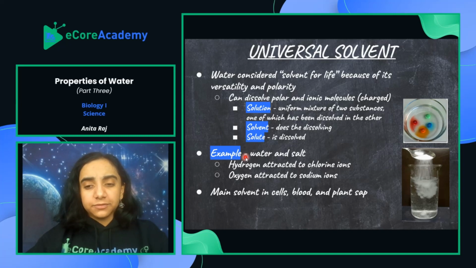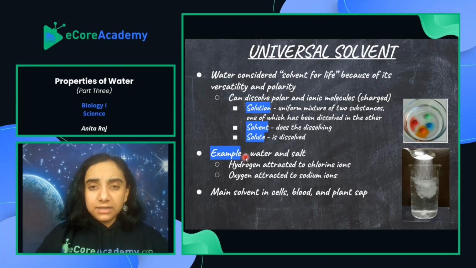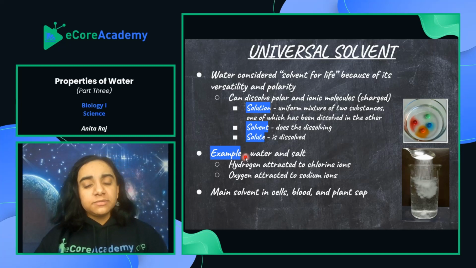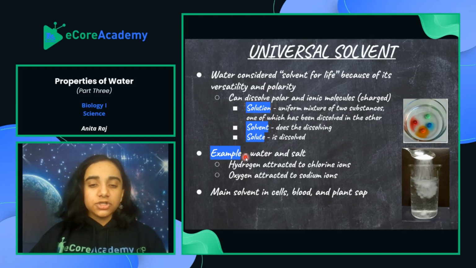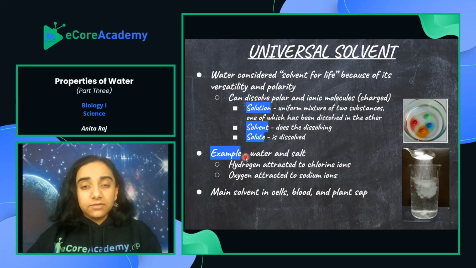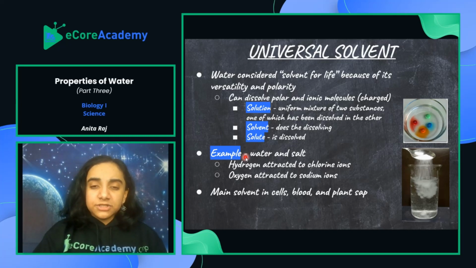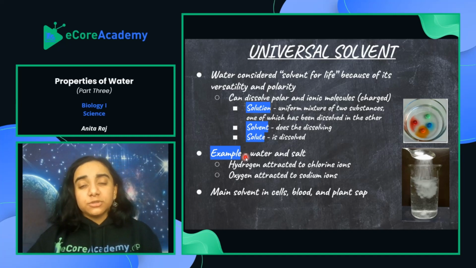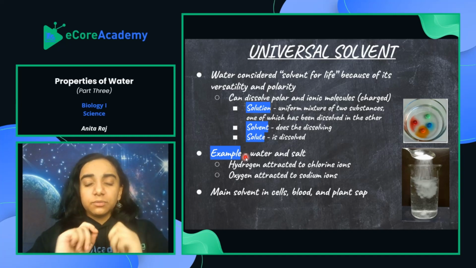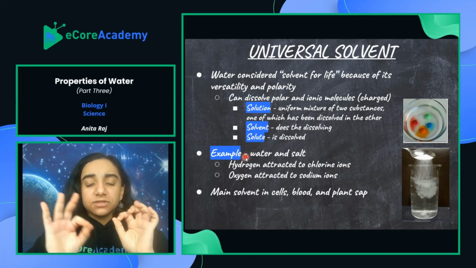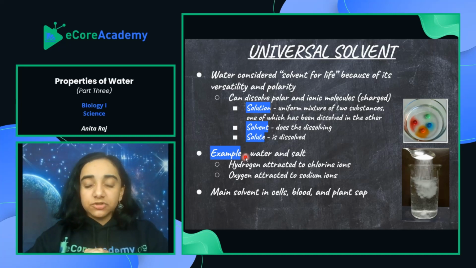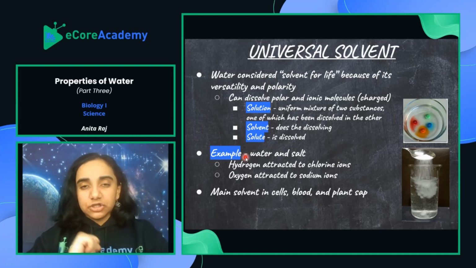So the hydrogen, which is partially positive in the water molecule, is going to be attracted to the chlorine ions, or chloride, which are anions with a negative charge. Meanwhile, oxygen, which is negative, is going to be attracted to the sodium, which is positive. So the two different parts of each of these substances are going to be attracted to each other, and that's what makes salt actually dissolve in water, because of that attraction.